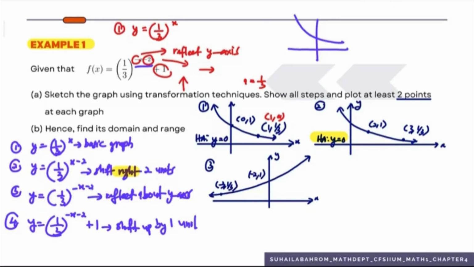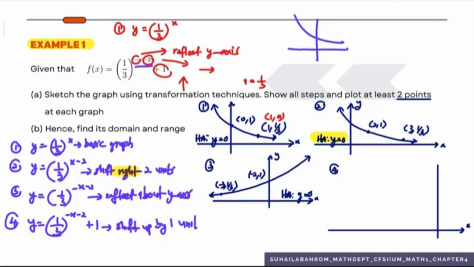So again, on the third graph here, the horizontal asymptote remains as y is equivalent to 0, because there is no change on the y coordinate. On this step, the change is only on the x coordinate. And the last one, the graph refers to the shift upward 1 unit. From the previous graph, our graph will shift upward 1 unit.